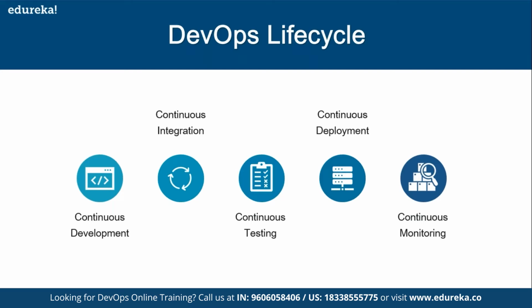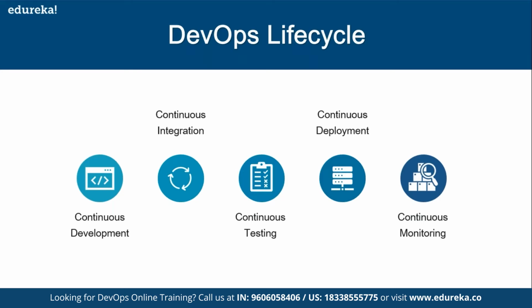Now, continuous development, before we touch upon monitoring, is simply a phase that involves planning and coding of the software, and the vision of the project is usually decided during the planning phase, right? And the developers begin developing the code for the application.